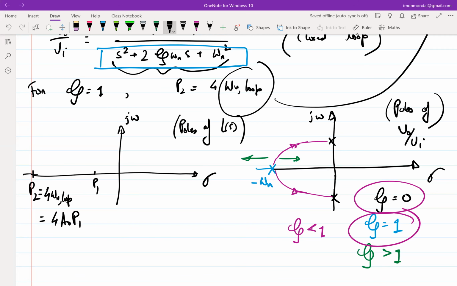Right? So information on the roots of the closed loop system also gives you some actionable information on the open loop system. Why do I say actionable? Because when you design a feedback system, you design based on whatever you see for the loop gain. Right? You plot the loop gain and you find out the pole locations of the loop gain, and you try to hypothesize, if I close the loop, what will the closed loop system look like? Or what will be the behavior of the closed loop system?